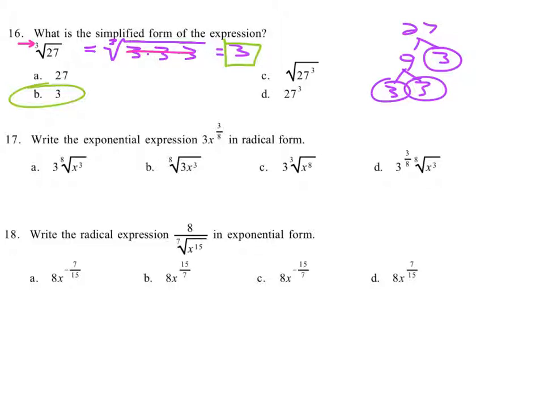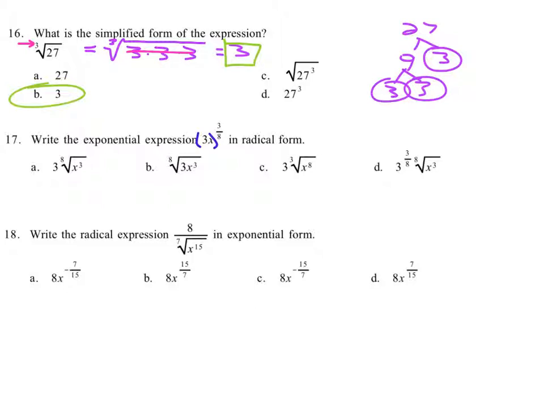Write the exponential expression in radical form. Well, you hopefully know at this point that unless there's parentheses around the 3x like that, then the 3 is not being affected by the 3/8 power, that exponent of 3/8.